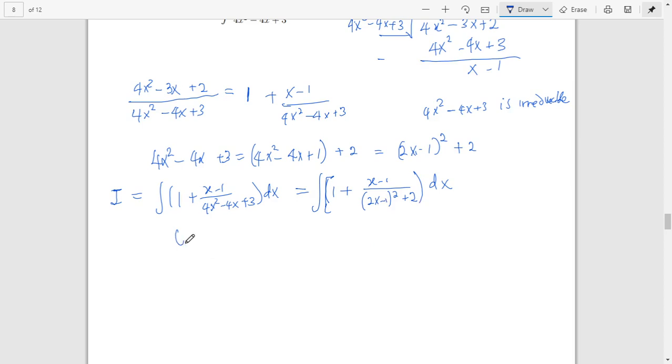So I'm going to do the u substitution, let u be equal to 2x minus 1. This tells me that my du will be equal to 2 dx.